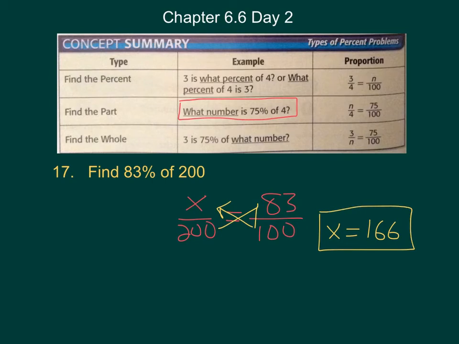To do a mental check, we realize that 83 over 200 is very similar to x over 200, because I can go from 100 to 200 just by multiplying by 2. So if I multiply 83 also by 2, I get 166. It's always good to do a mental check to make sure that your answer makes sense to you.